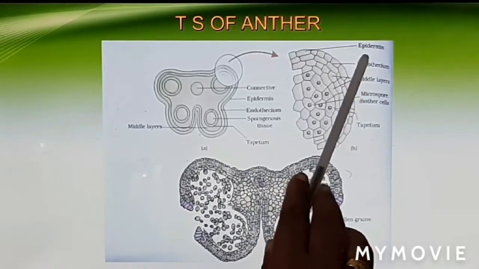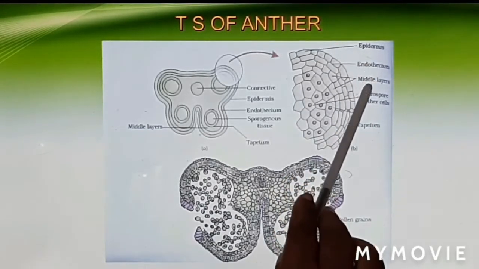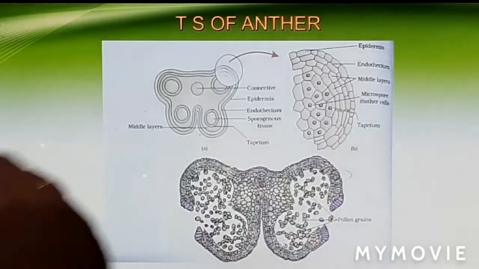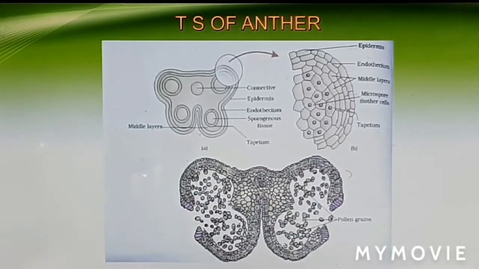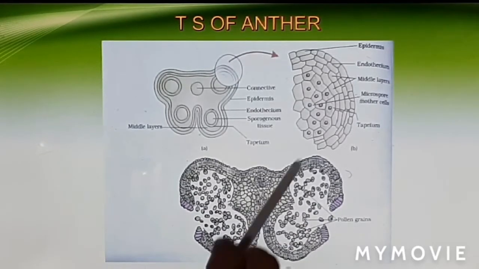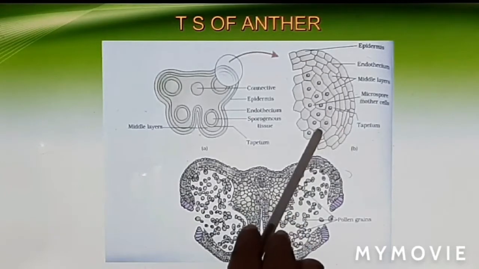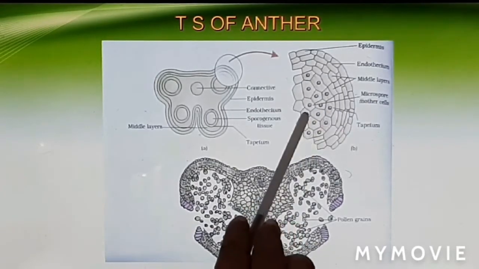These three wall layers, epidermis, endothecium and middle layers, mainly help in the protection and also help in the dehiscence of anther to release the pollen grains. The innermost layer is the tapetum. It nourishes the developing pollen grains.